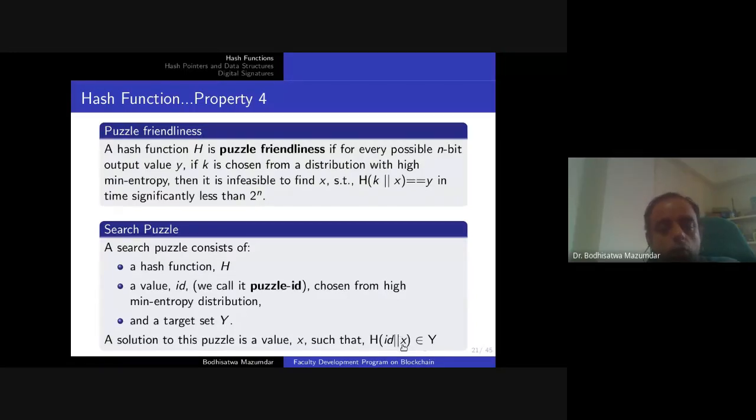So this is called the puzzle-friendly character. This is the search puzzle, and the job of an attacker is to find this value x given this y. And this ID is chosen from a high min-entropy distribution. That means the sample space of this ID is so vast that the probability of choosing any particular value is infinitesimally small.